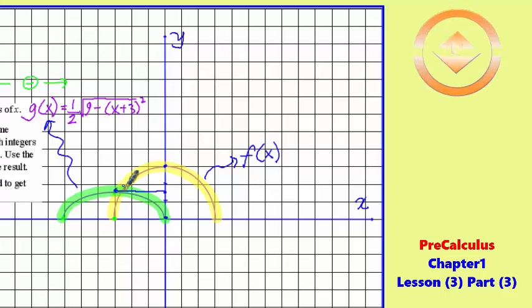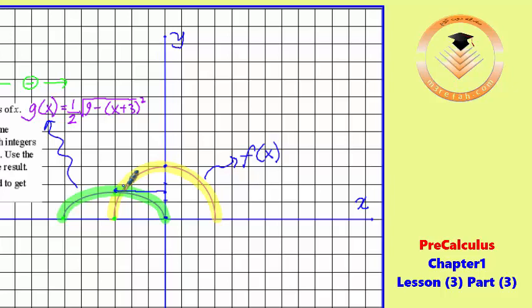Okay, and then we translated the function 3 units to the left, because x plus 3 means that it should go to the left, and x minus 3, for example, will go to the right of the y-axis.